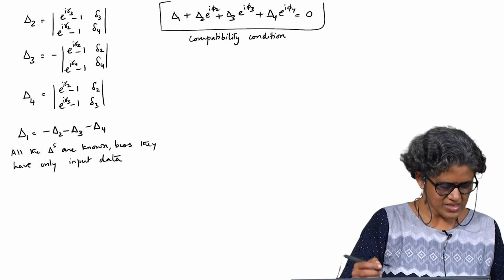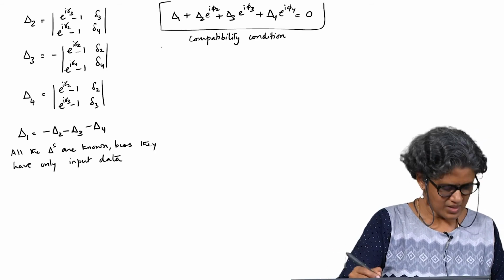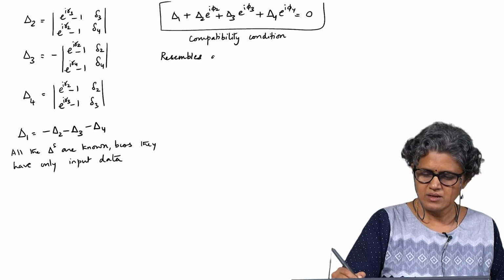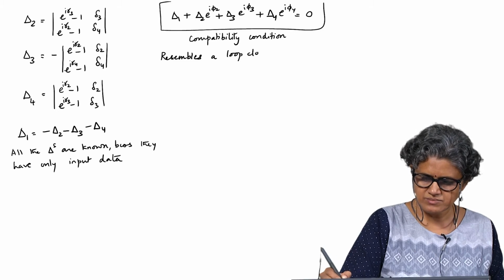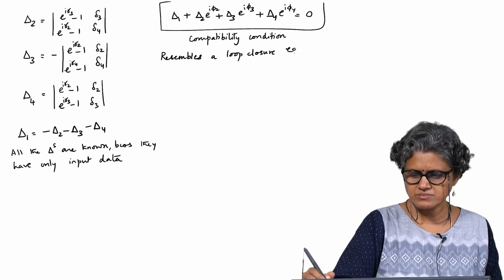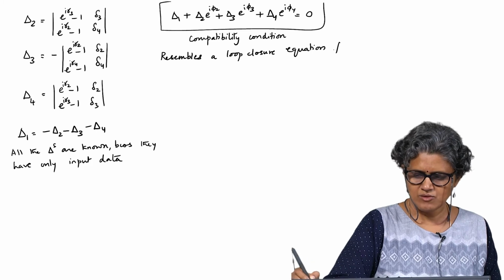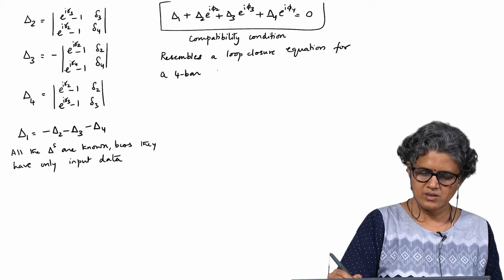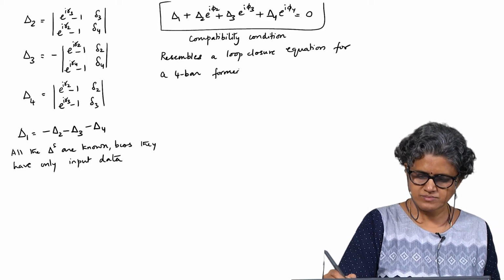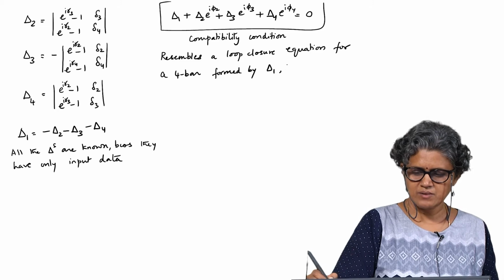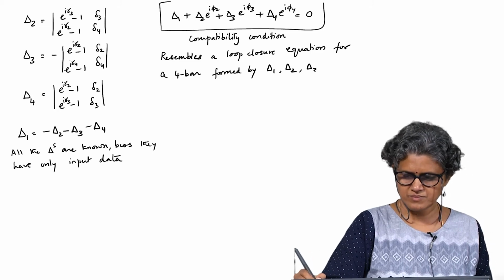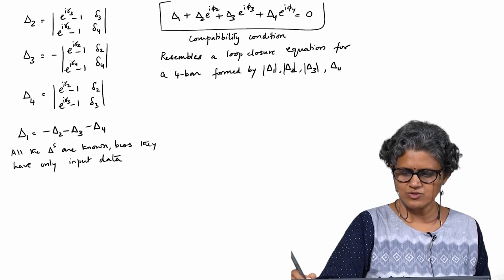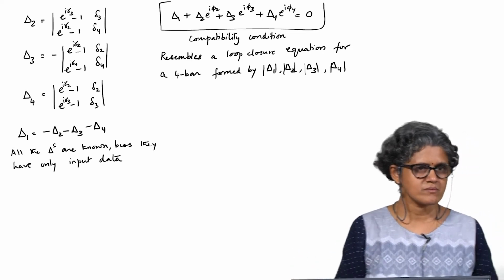Okay. So, this resembles a loop closure equation for a 4 bar formed by delta 1, delta 2, delta 3, delta 4, if I take the moduli of those as the link lengths, right.